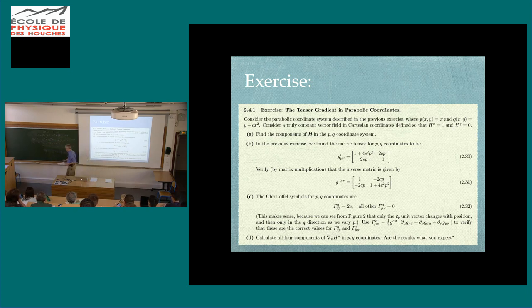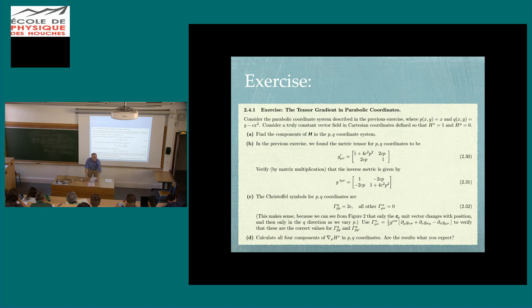The whole point is that we're trying to evaluate whether this vector field is changing or not. We know it's not changing in the flat space coordinate background, and so if it's going to be a tensor, it better not change in my PQ coordinate system. In other words, this tensor gradient should evaluate that way.